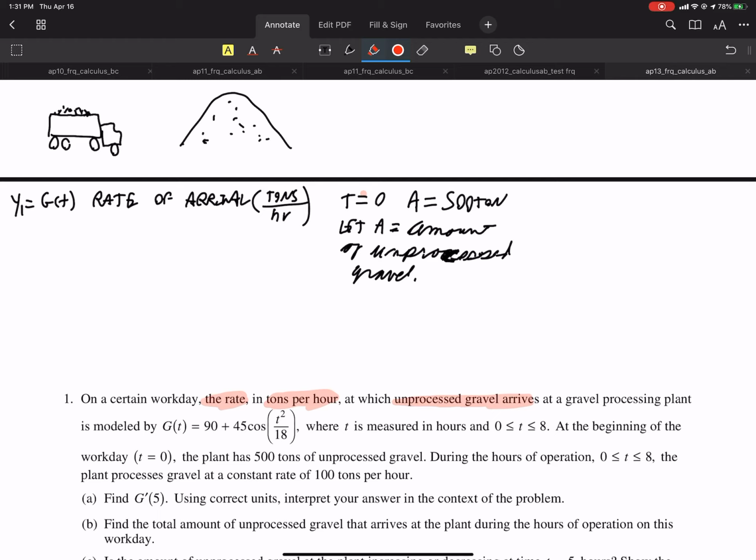During the hours of operation, the plant processes gravel at a constant rate of 100 tons per hour. So we have a new function. Now, you don't have to do what I'm about to do, but I'm going to just do this. Y2 equals 100. But what is that? That's the rate of removal.